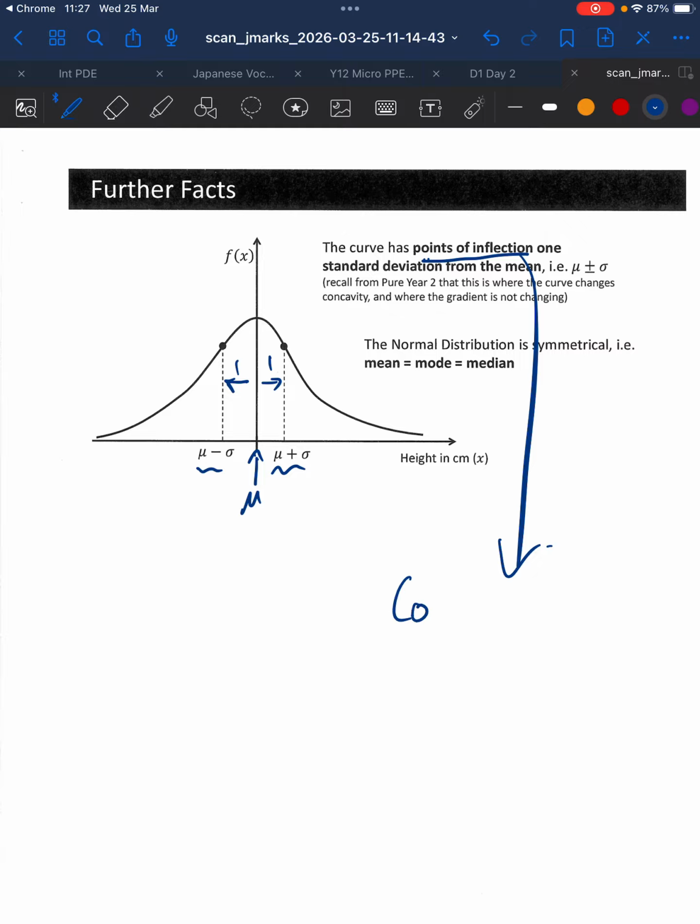This is where we change from being concave to convex or vice versa, okay? So this is when your second derivative has a change of sign. It doesn't have to be a stationary point. It just sort of helps you describe and understand the shape of what's there. In practice, we don't tend to use it a massive amount in the course, but it's another property to be aware of.